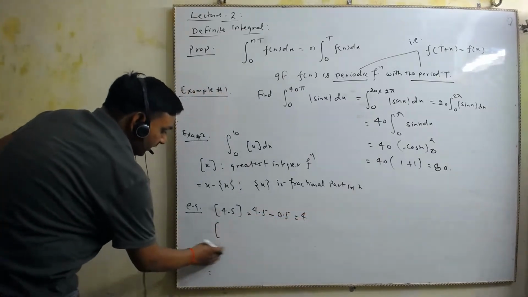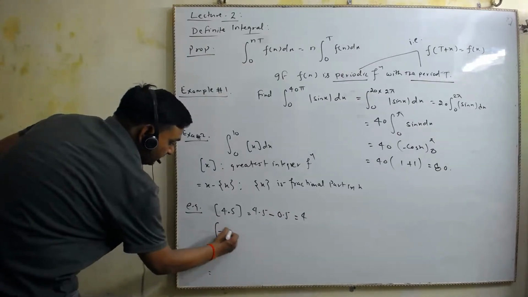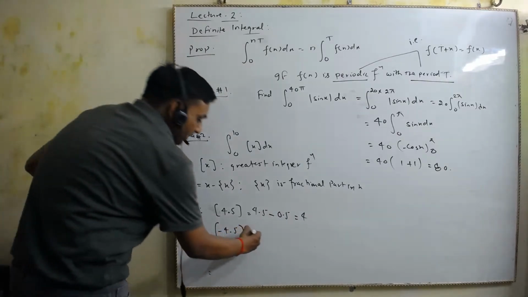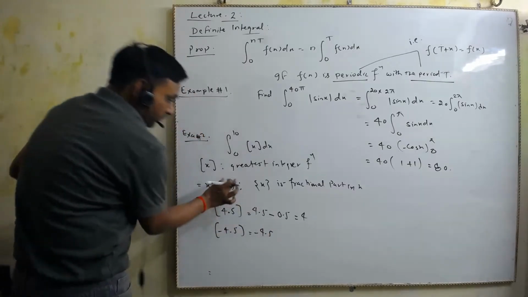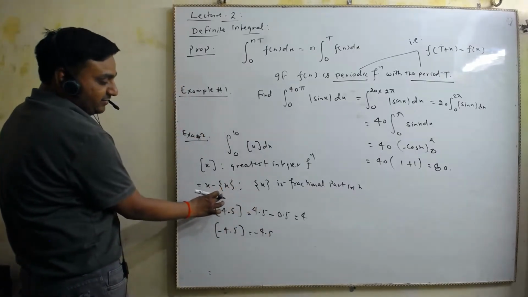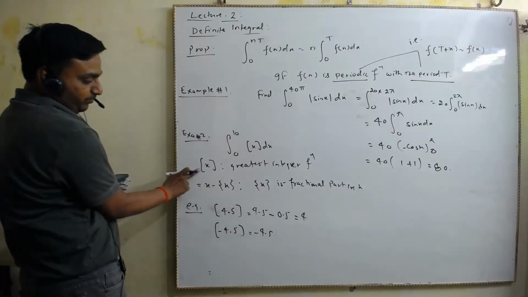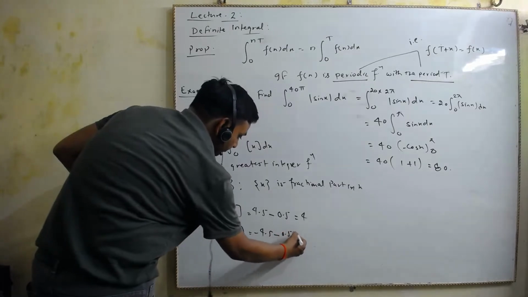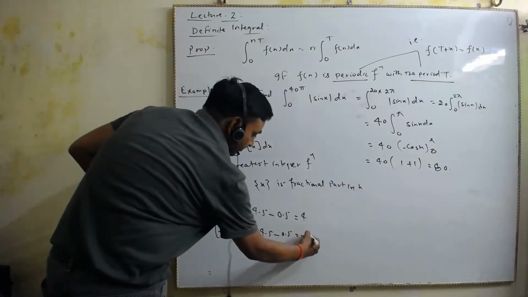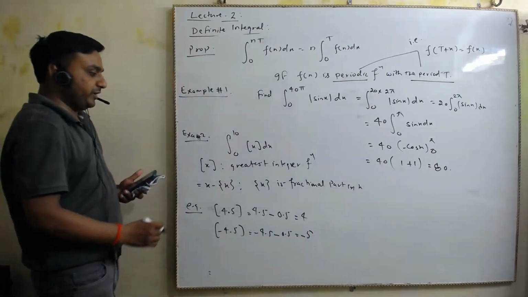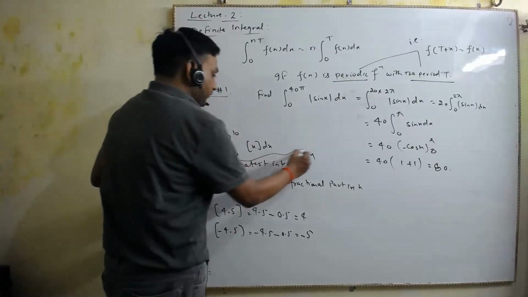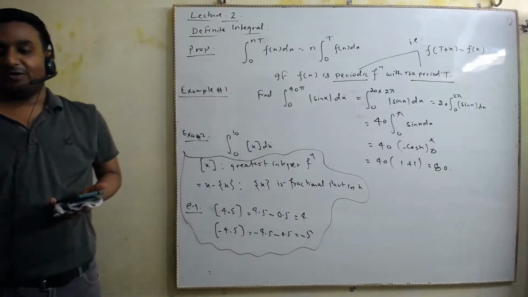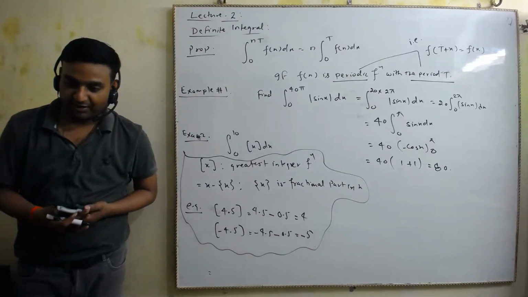For example, the greatest integer of minus 4.5: the formula is this only, okay? Greatest integer x is x minus the fractional part. Tell me what this is. So when you are dealing with the greatest integer function, these are some basic things you are supposed to remember, right?